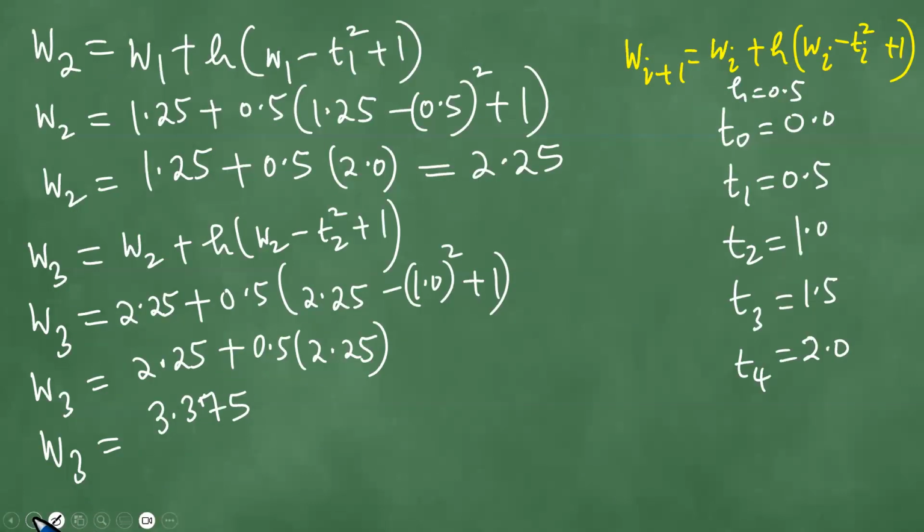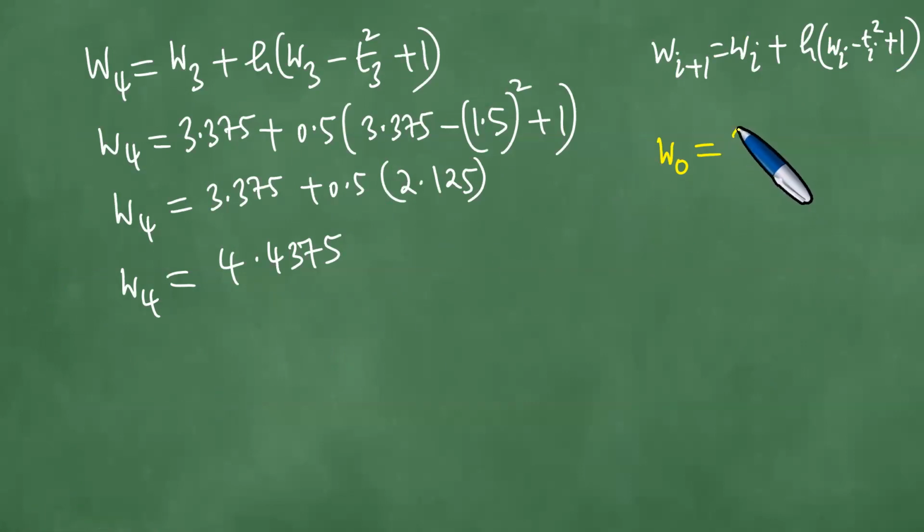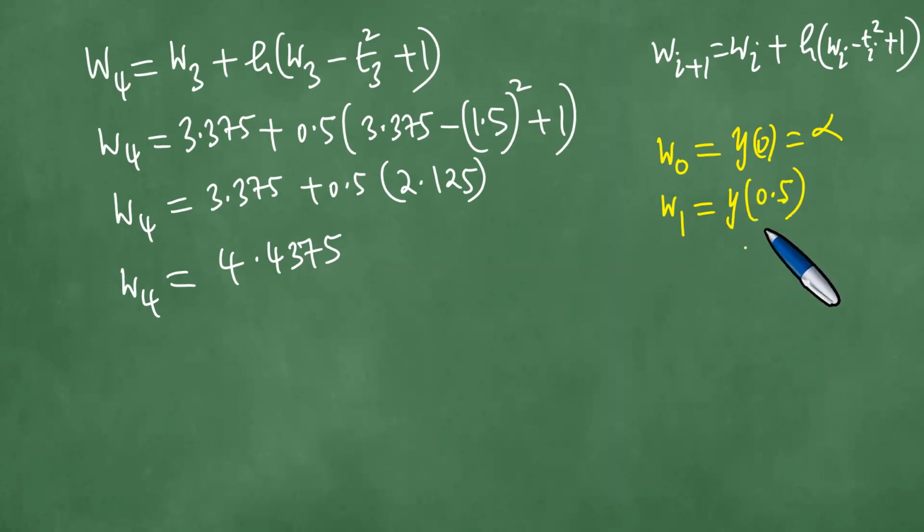So W0 is Y0, it is alpha in our notation. And now if you get W1, W1 occurs with just one step more, adding h to the initial value, so we get 0.5. Then we have W2, we add h again, which is exactly 1.0.